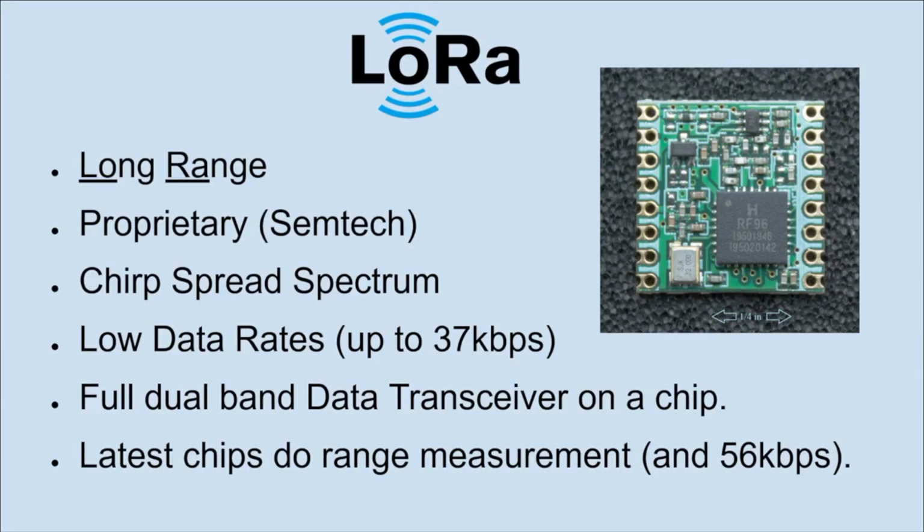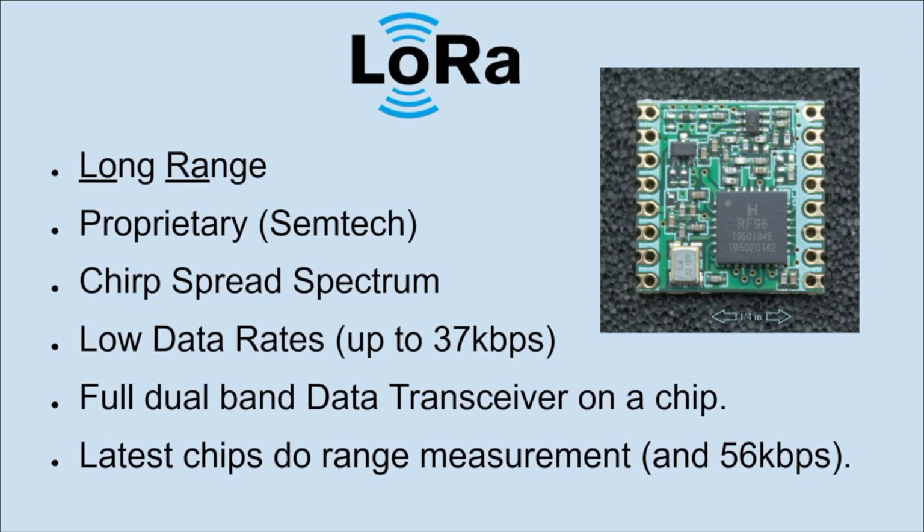It's an interesting chirp spread spectrum technique, which I'll come on to in a little bit more detail in a minute. But it allows data rates up to about 37 kilobits per second. I think actually now the newest chips go up to about 56. What you get is a full dual band data transceiver on a chip. So the chip shown there is about 1/4 inch across.